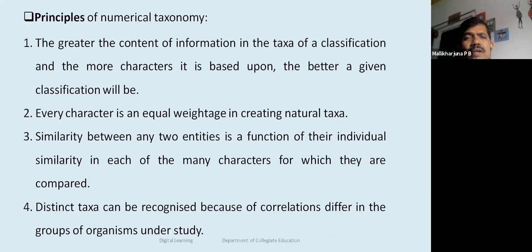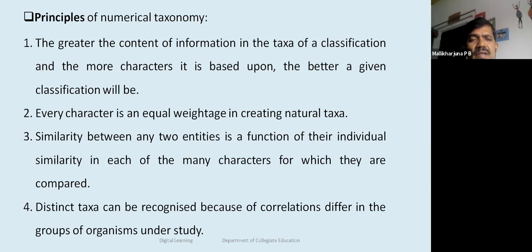So, seven principles are there in numerical taxonomy. These principles are the foundation for numerical taxonomy. The first principle is that the greater the content of information in the taxa of a classification, and the more characters it is based upon, the better a classification it will be.